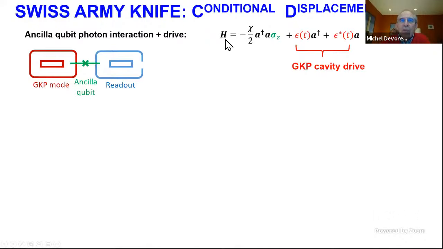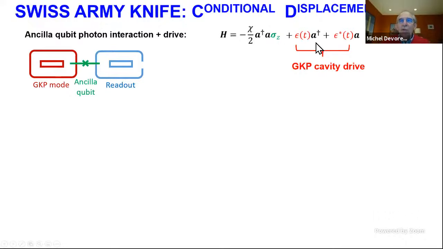In the doubly rotating frame of both the ancilla qubit and the GKP mode, the Hamiltonian is just this. The ancilla qubit is considered as a spin here, hence sigma z. And here, this is the Hamiltonian of the qubit. So we couple the photon number of the cavity to the sigma z of the qubit. And then we drive the cavity.